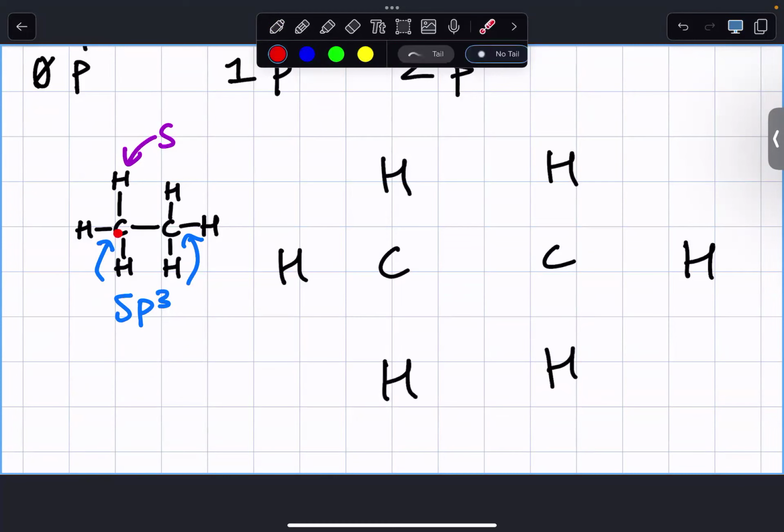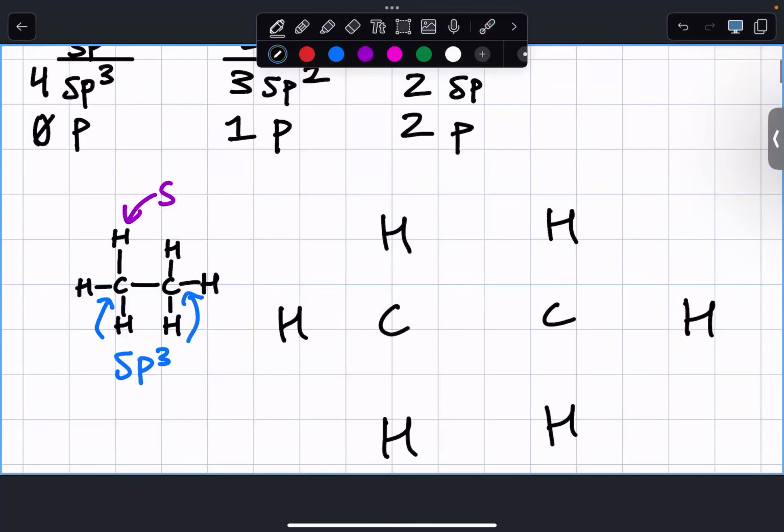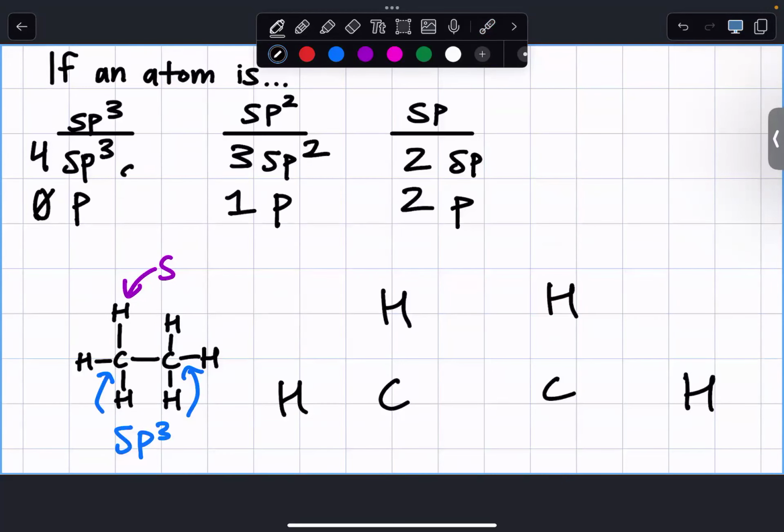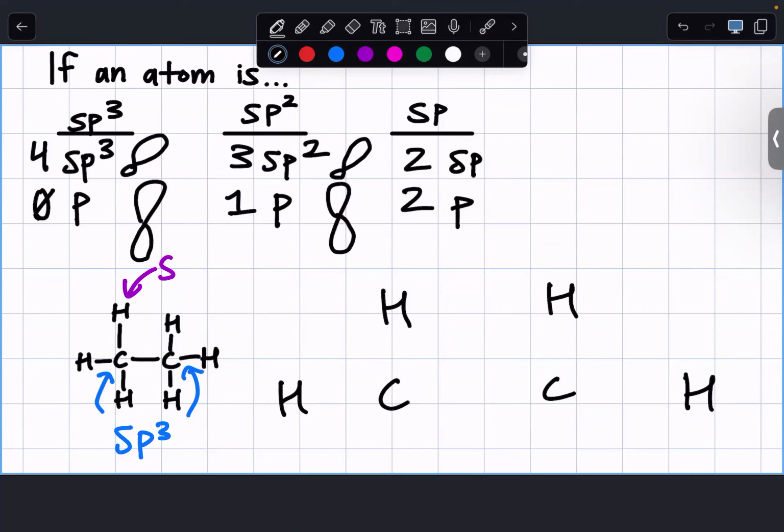So we know that this carbon is sp3, meaning that it has 4 sp3 orbitals. Let's draw those 4 in right now, where sp3 orbitals look something like this, where there's a small lobe here and a bigger lobe there. A p orbital looks more like a dumbbell shape, where they're equal in size, like that, right? sp2 is a similar shape as sp3, and sp as well.